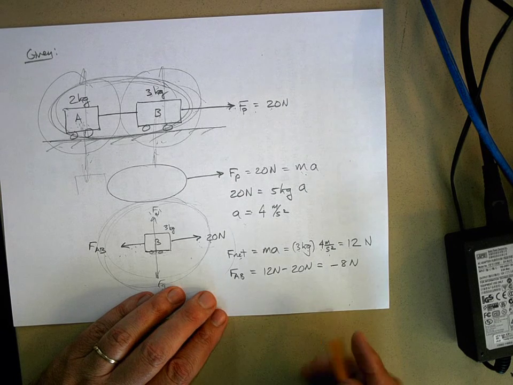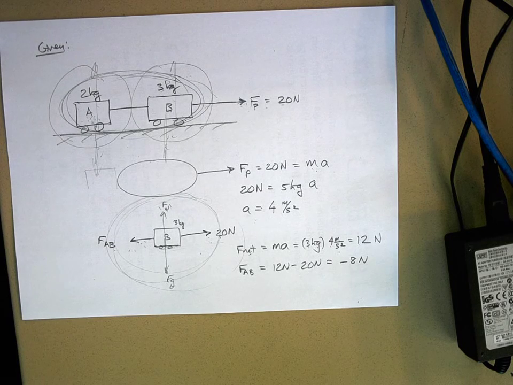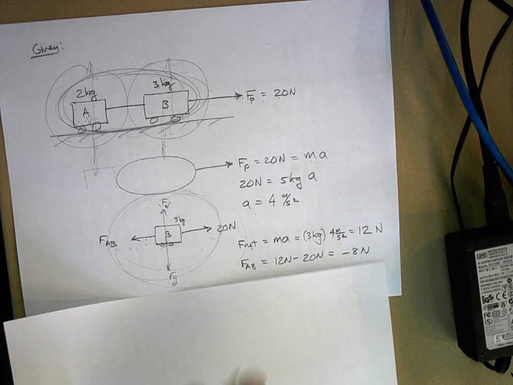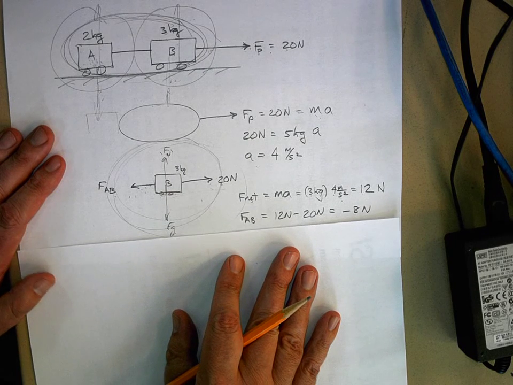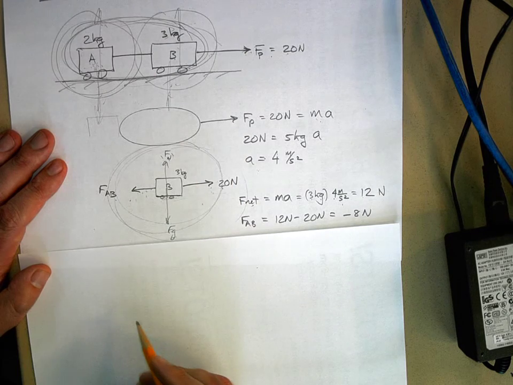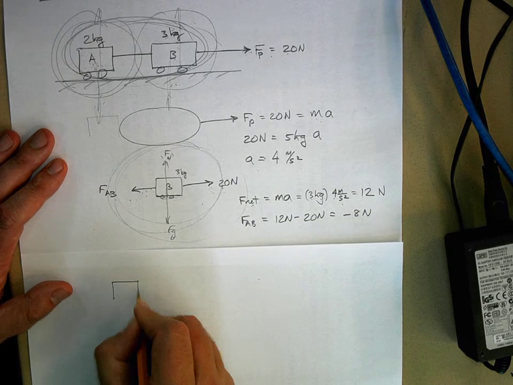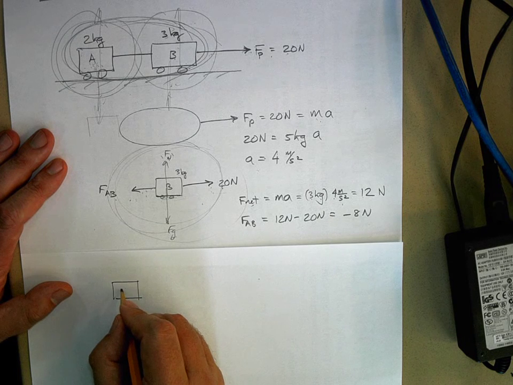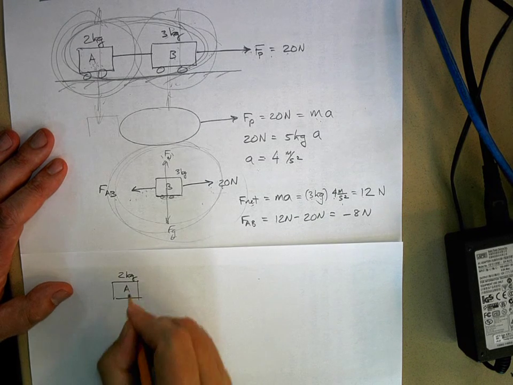So now let's draw a free body diagram of A. So here's A. This is a simple one. It's 2 kilograms. That's the mass. And what have we got?